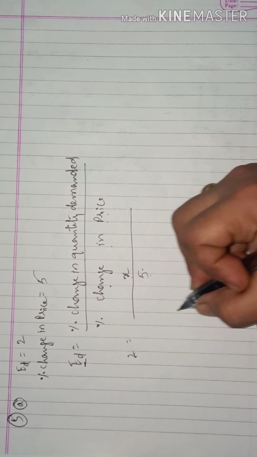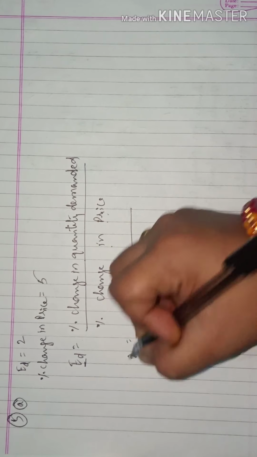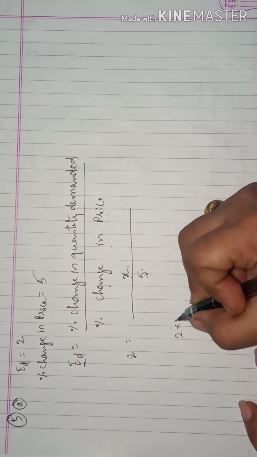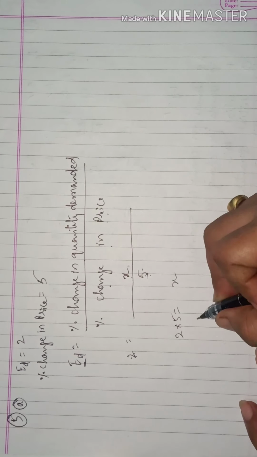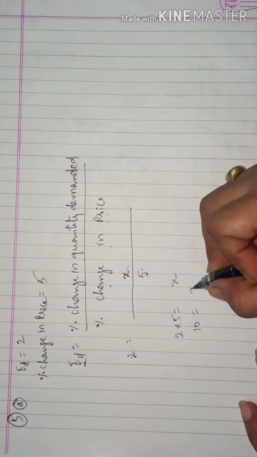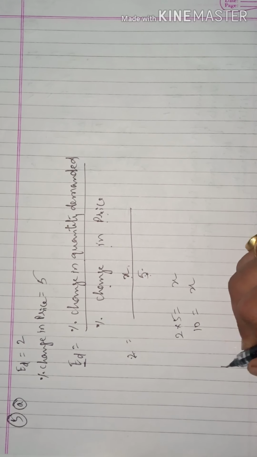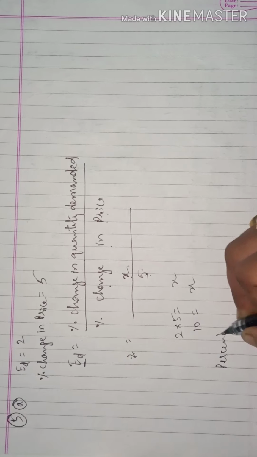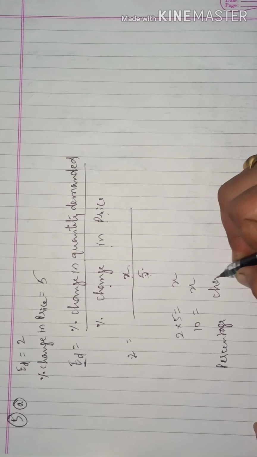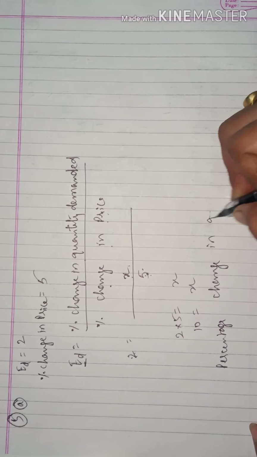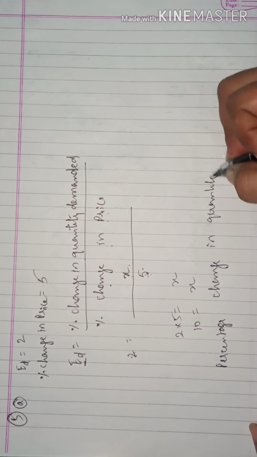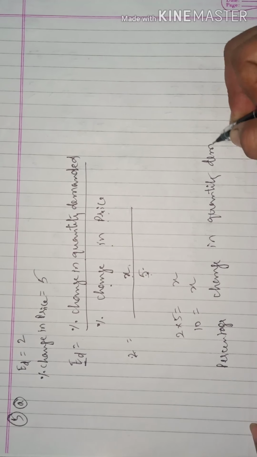Here it is division, so it will go with multiplication. So it will be 5. So what will be my X? It will be 10. So the percentage change in quantity demanded is 10.